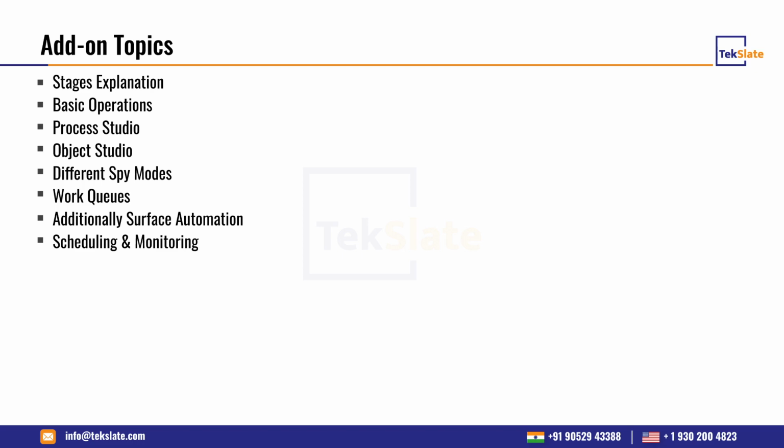That will be explained in a separate session, so people get more knowledge on how to do surface automation. That will be helpful when you use Chrome automation or Edge automation, because IE will soon end, and instead of IE we should use Edge, right? In that case surface automation will be helpful.